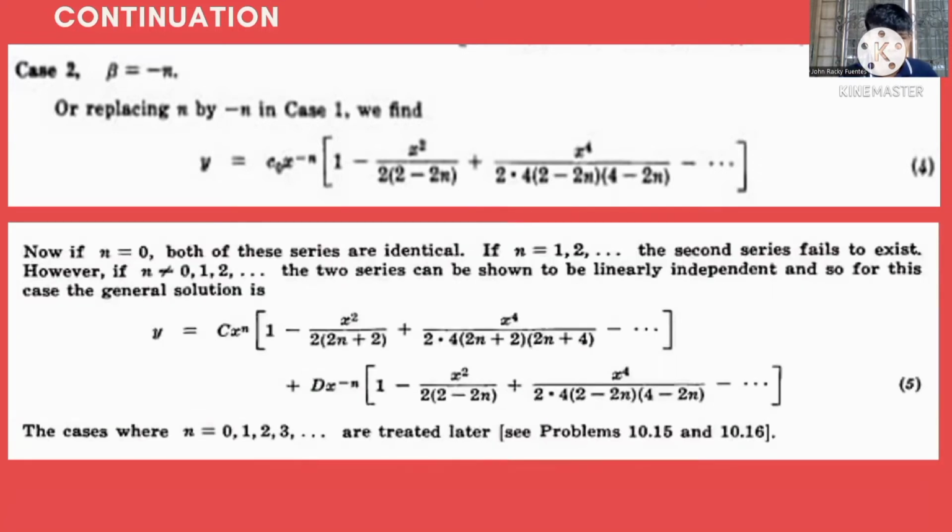Y is equals to c sub 0 x to the minus n times (1 minus x squared over 2(2 minus 2n) plus x raised to 4 all over 2 times 4 times (2 minus 2n)(4 minus 2n)).